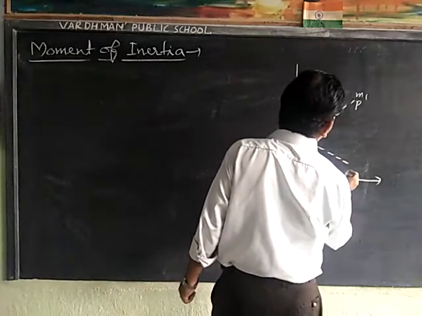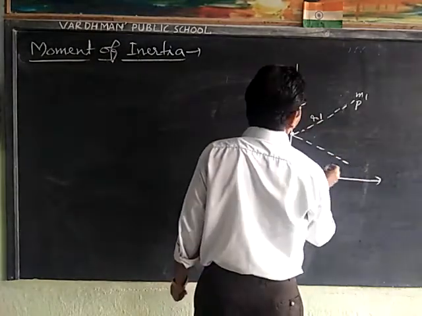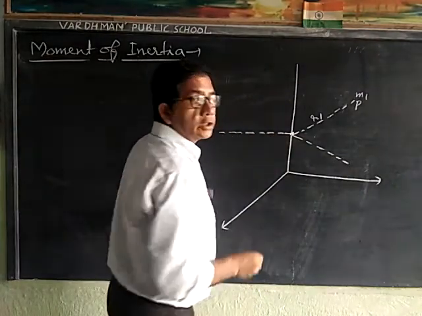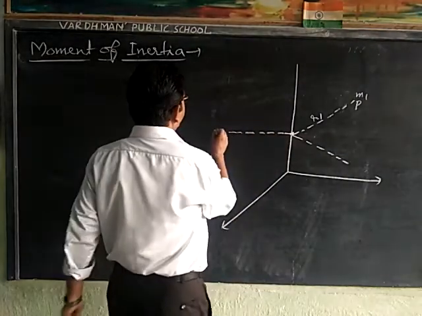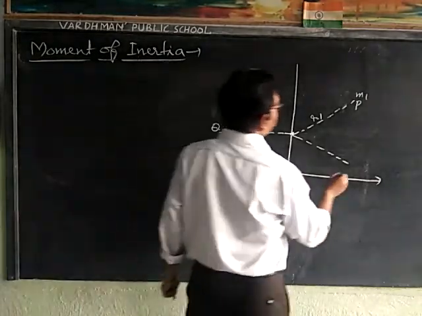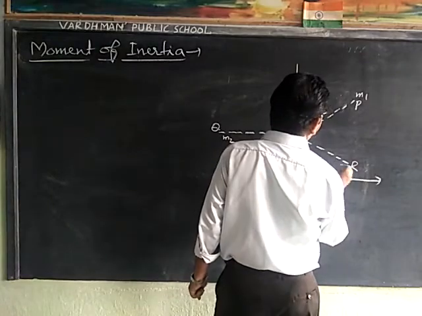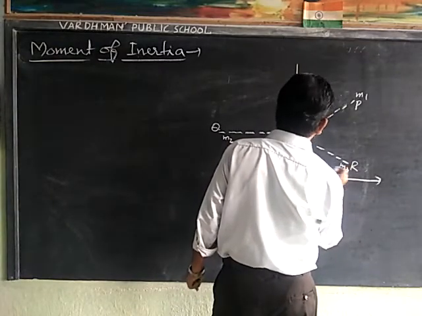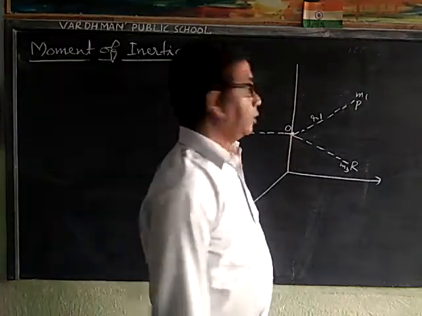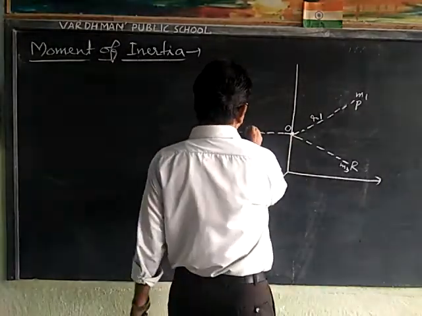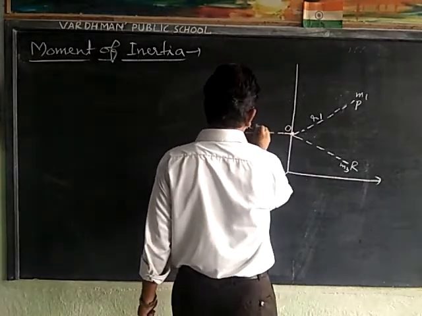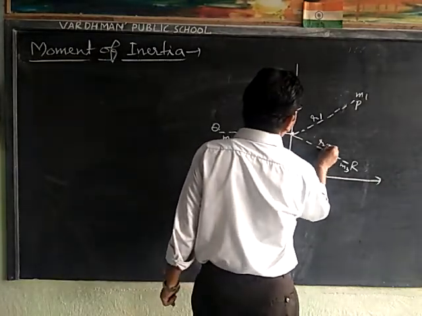This is a point Q whose mass is m2, and this is a point R whose mass is m3. This is point O, and the distances are r1, r2 and r3.